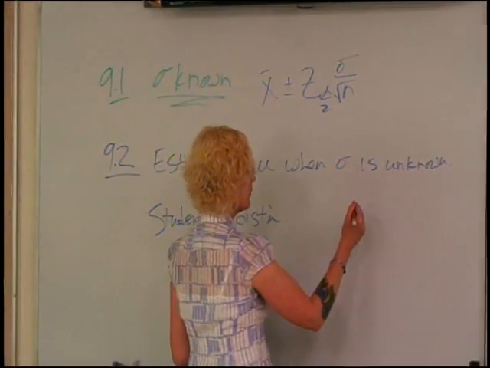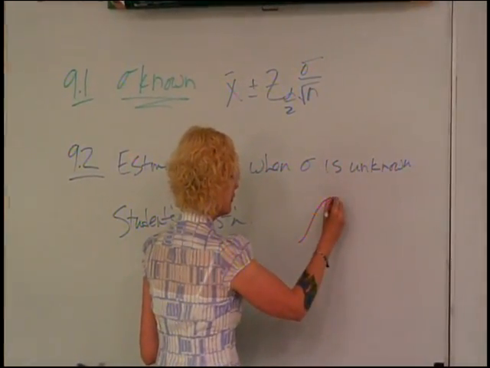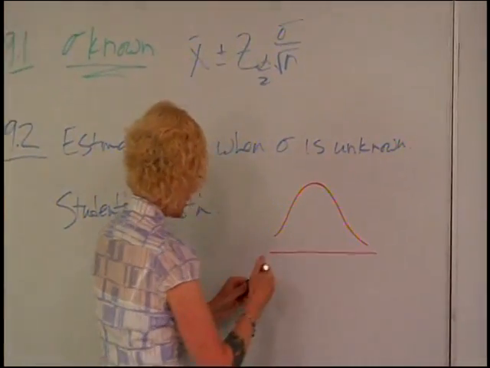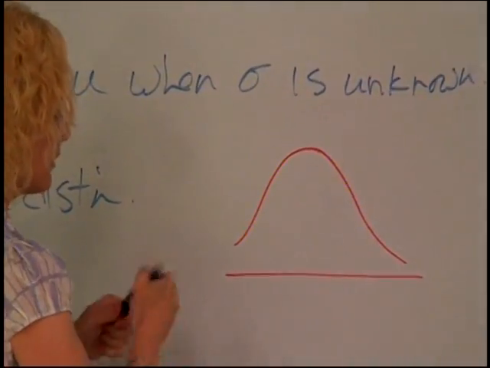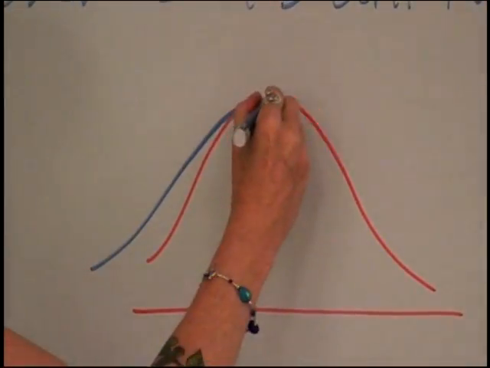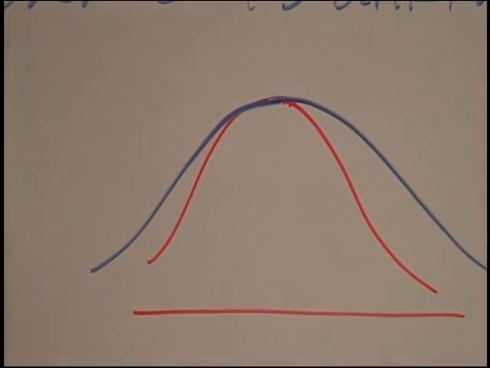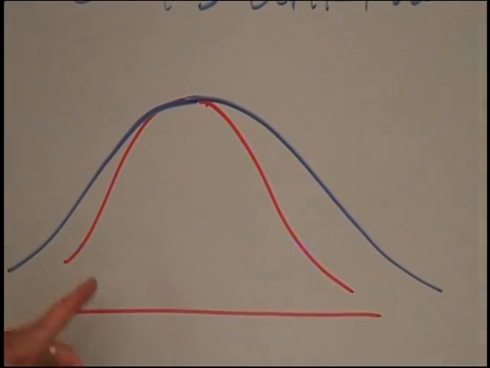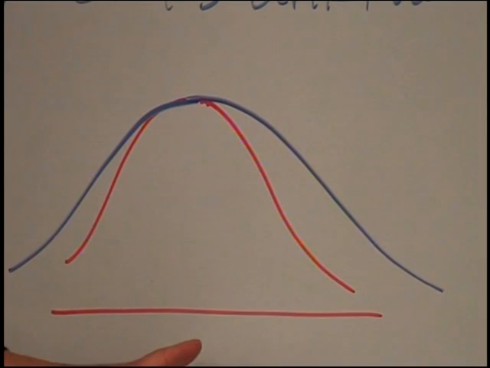Say the normal distribution might look like that, the t distribution might look like that. It's bell-shaped, it's centered around 0, but it's not a normal distribution.